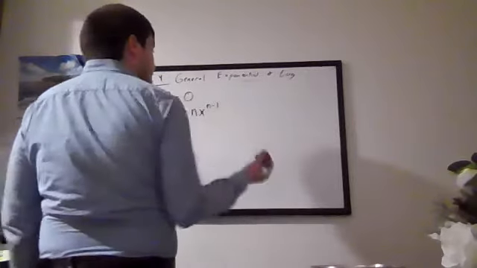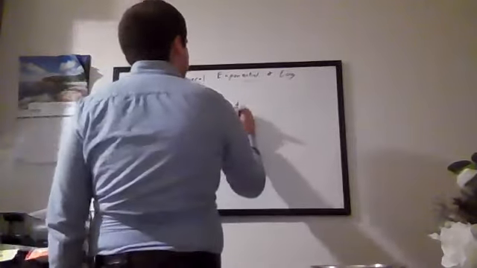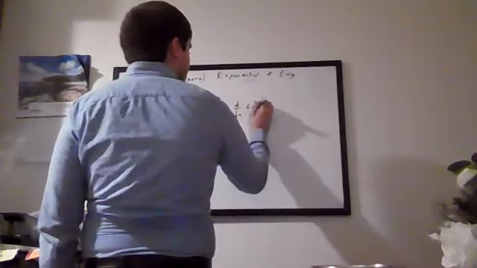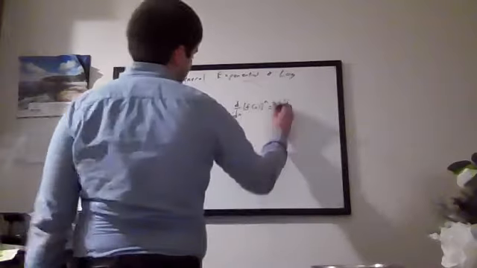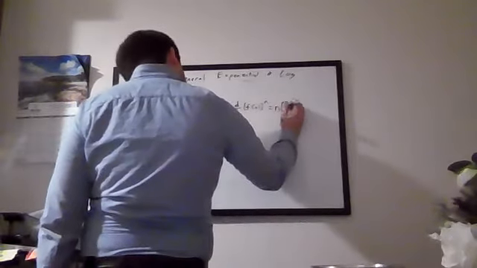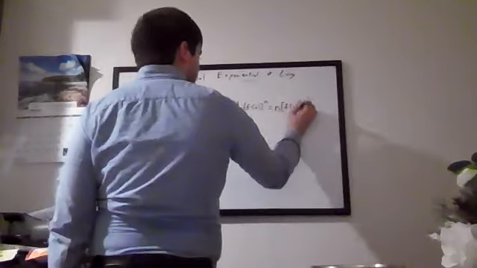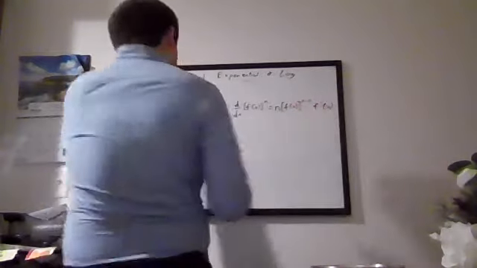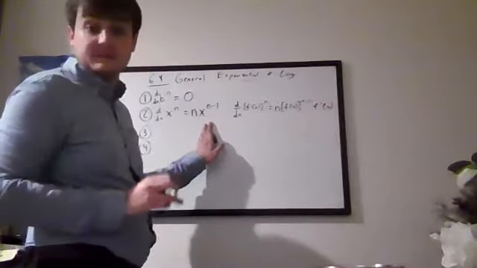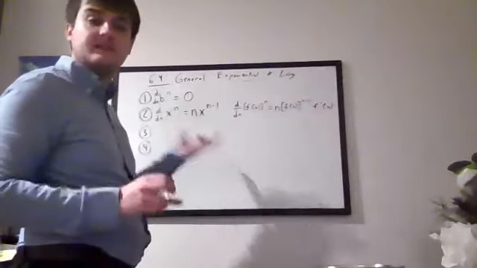More generally, if I'm taking the derivative of a function to the n power, then we use the chain rule: n times f of x to the n minus 1, and then we multiply by the derivative. But this is our base case, the easiest idea to see.